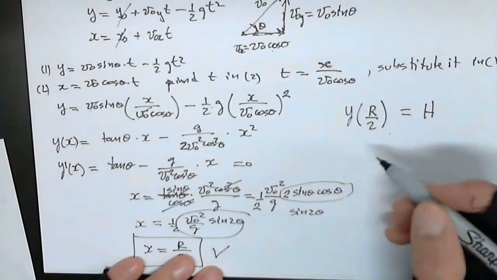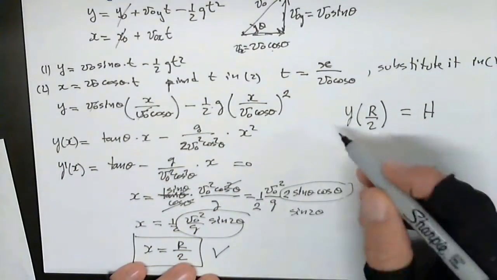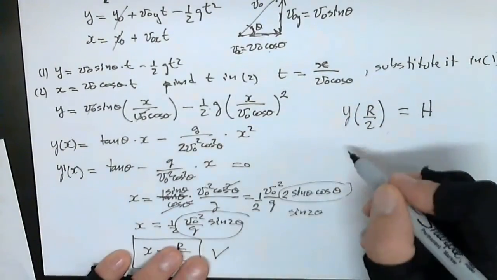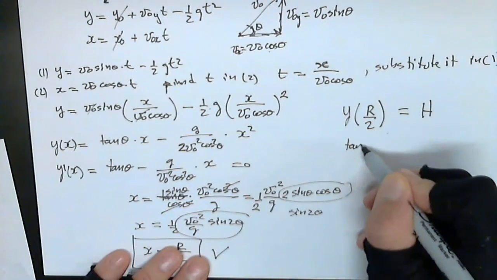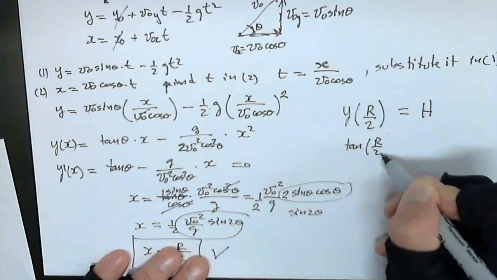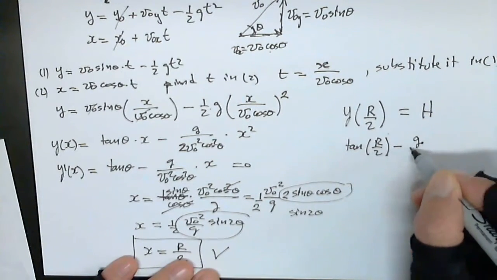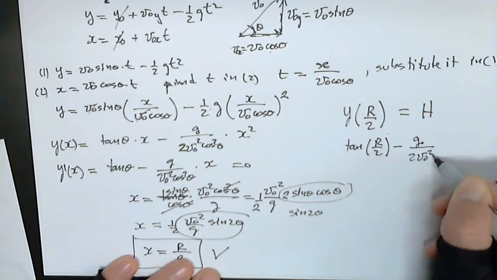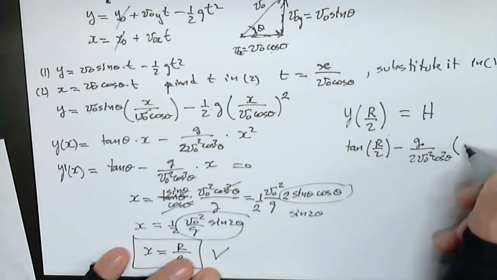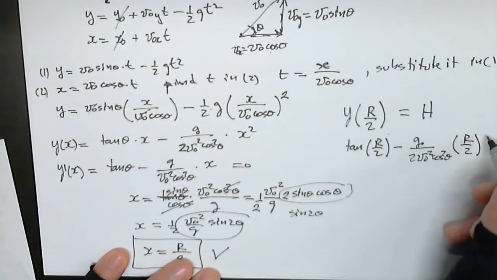Okay, so let's substitute r over 2 in here. So we get tangent times r over 2 minus g over 2 v naught squared cosine squared times r over 2 squared.